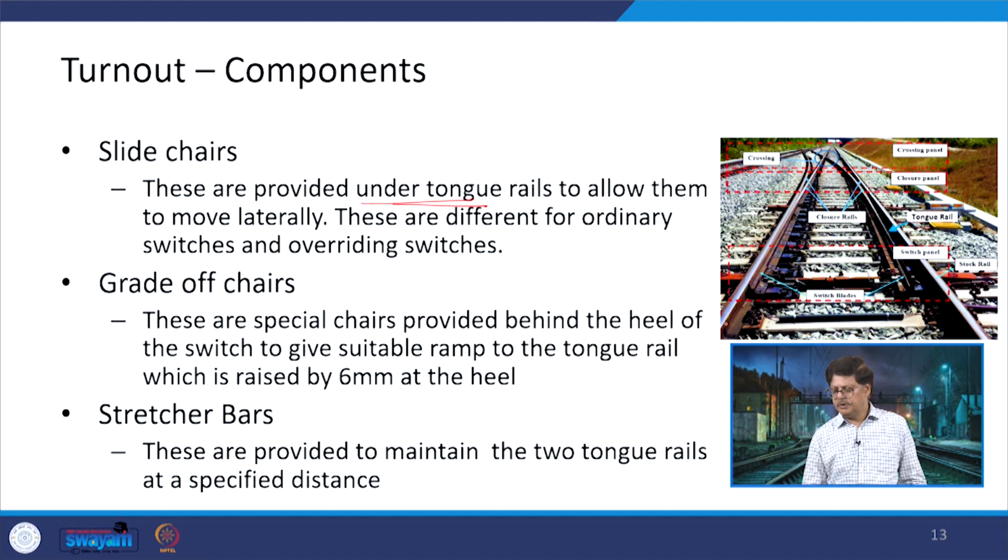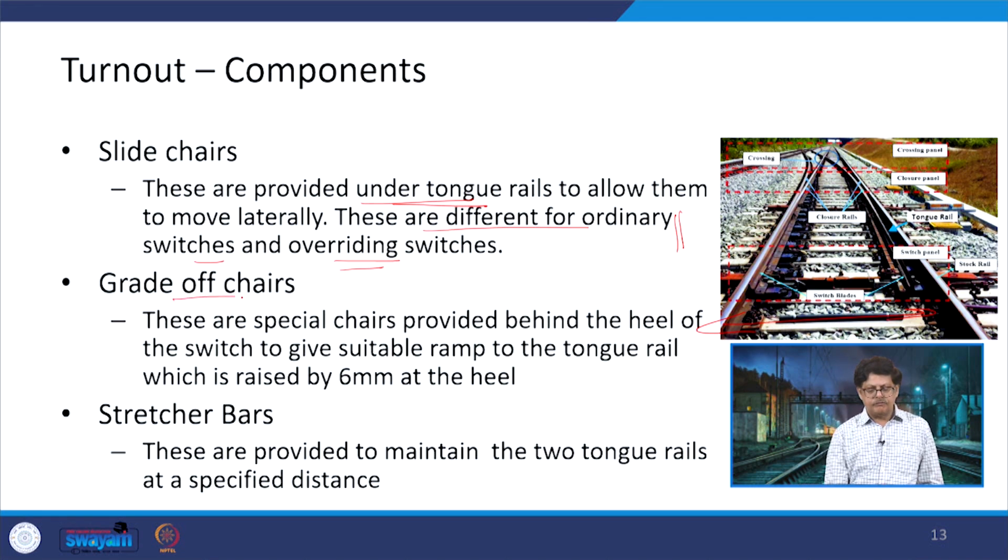So, they will be moving in this direction or in this direction depending on which particular connectivity is to be provided. These are different for ordinary switches and overriding switches. There are types of switches which are available and here what we are talking about is that. So, there are ordinary switches and overriding switches, and for those the design is different.